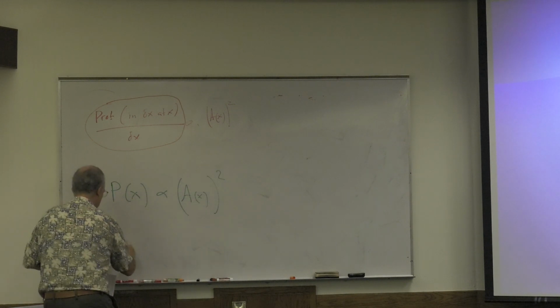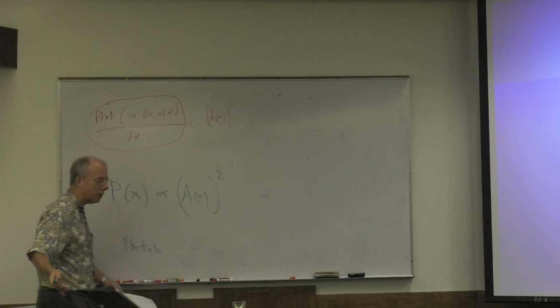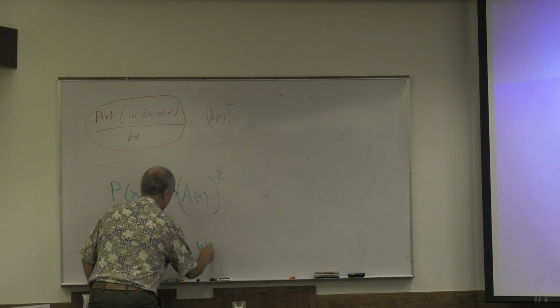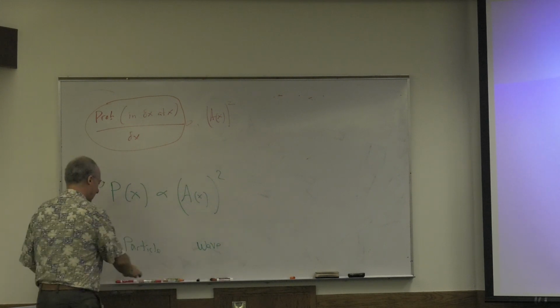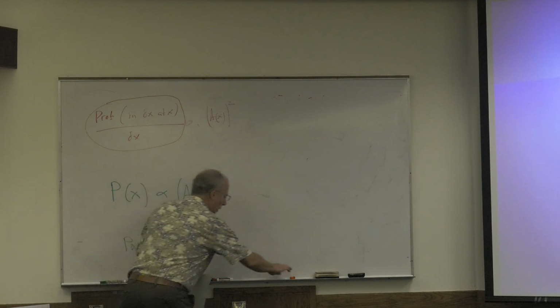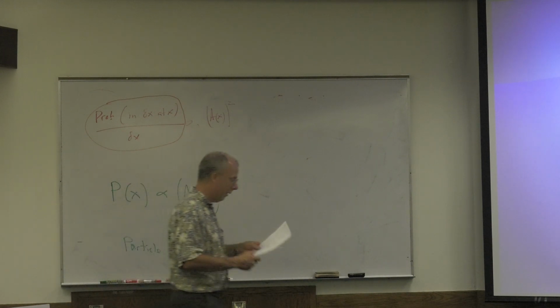And again, this is the particle, because there's dots on the screen. And this is the wave. It's the wave amplitude squared, which is intensity. So that's what we wanted to do, connect the wave and the particle models. Well, we did it.